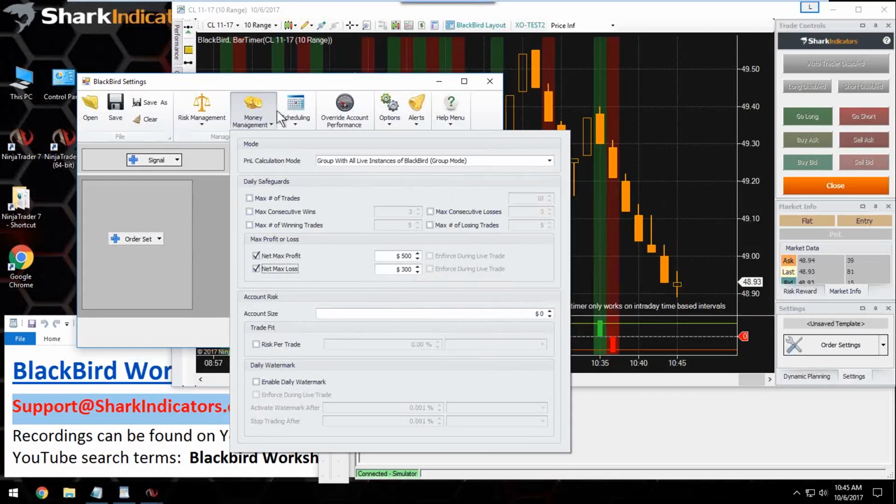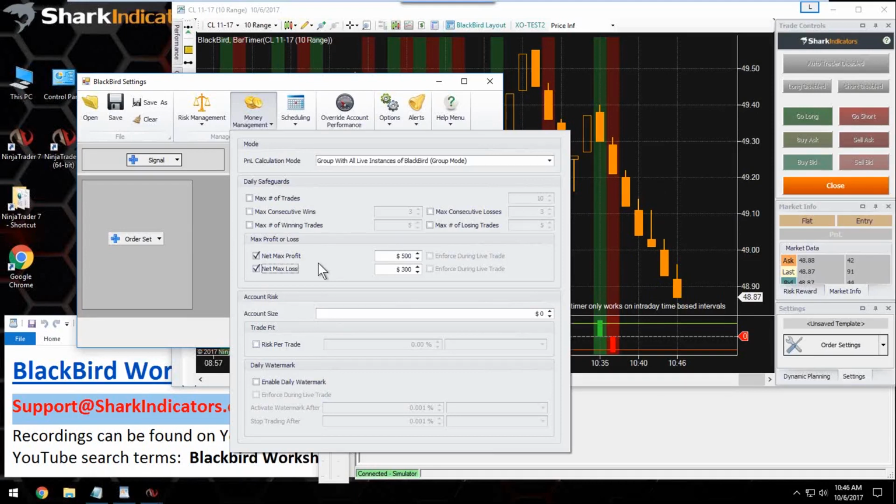So I could have BlackBird on oil with these settings, but then the BlackBird running on gold can have different money management rules. So you can change that all up if you wanted to.